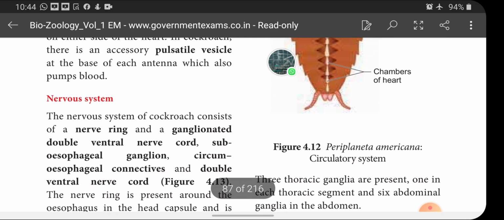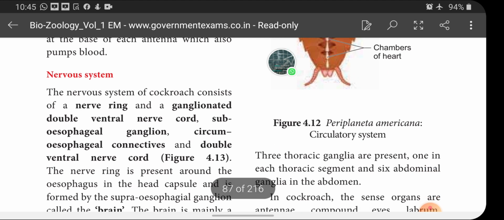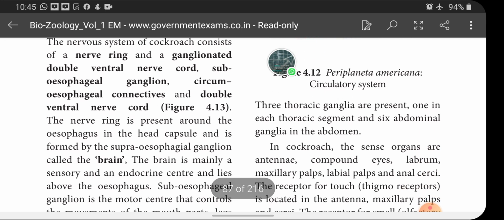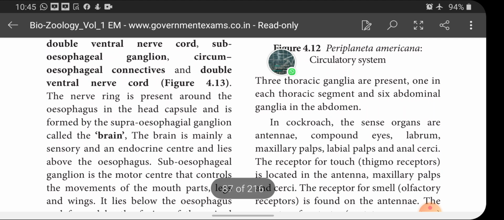And next, 3 thoracic ganglia are present, 1 in each thoracic segment, and 6 abdominal ganglia in the abdomen. Already I said in the thorax region there are 3 segments: prothorax, mesothorax, metathorax.